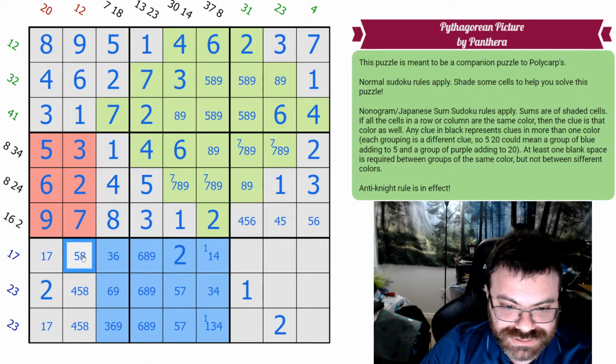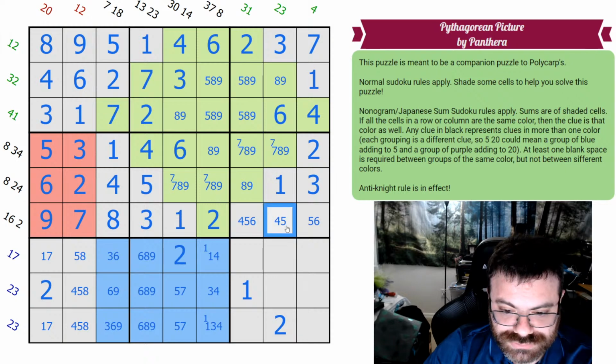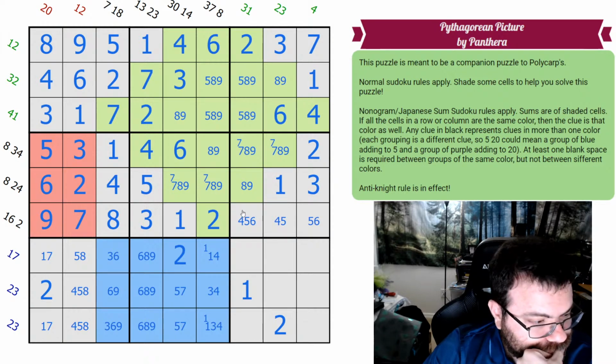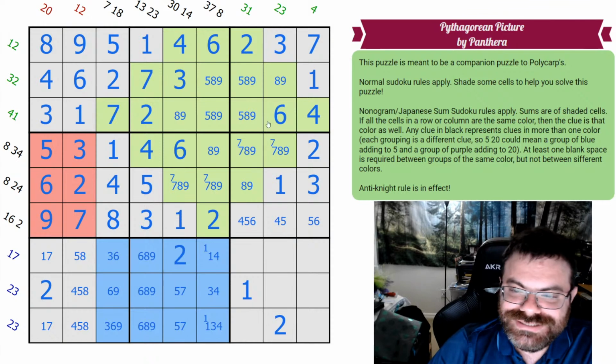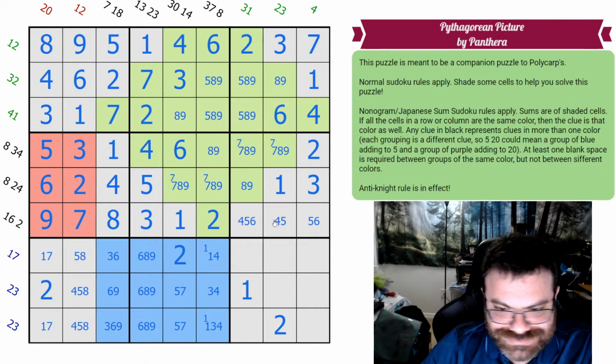This 4 sees here. Yeah, we just need one more little green up here. So close.